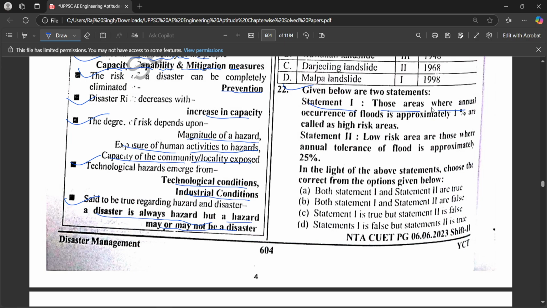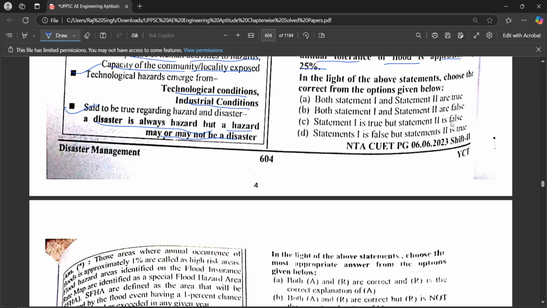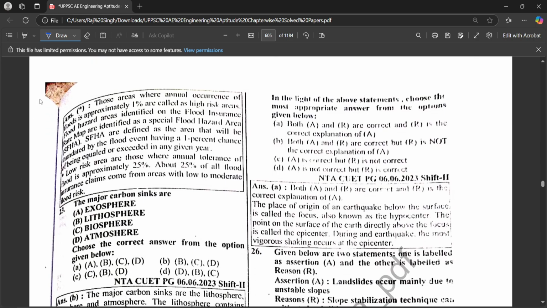Statement: those areas where annual occurrence of flood is approximately 1% are called high risk area. Low risk areas are those where annual occurrence of flood is approximately 25%. तो दोनों स्टेटमेंट ट्रू हैं, बट आयोग ने कोई सा नहीं दिया.